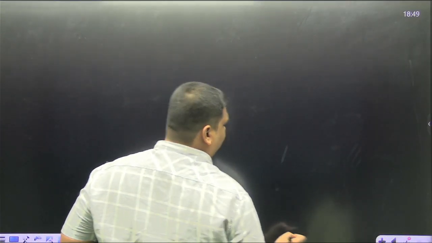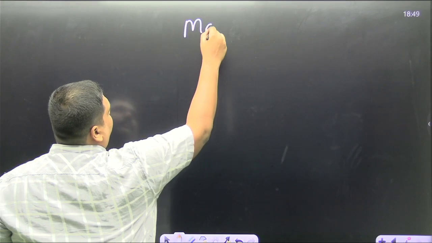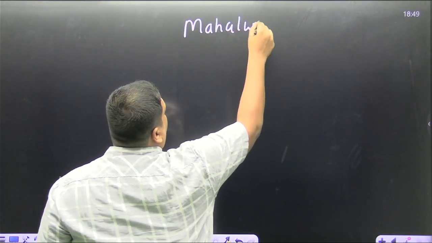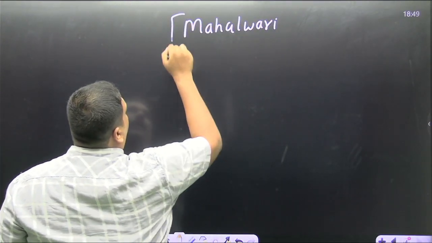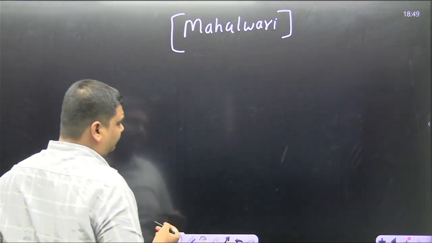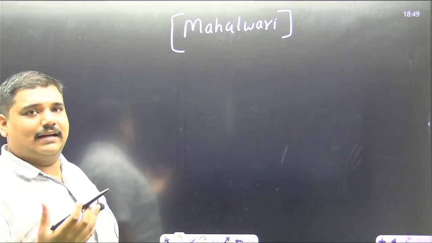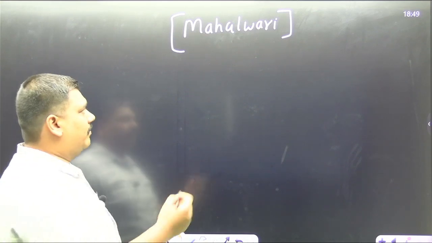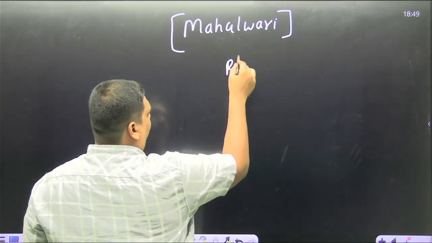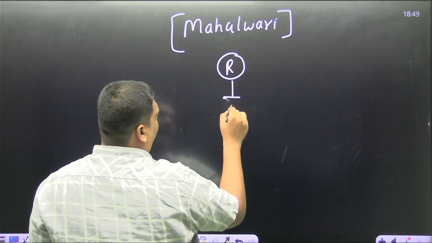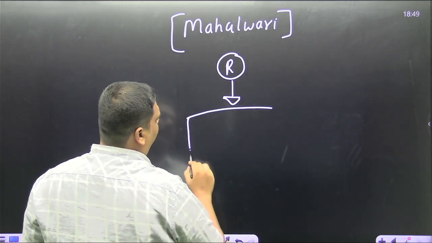The next one is Mahalwari. In Rayotwari we saw that the Britishers collected tax directly from each cultivator, but here the revenue officials would collect taxes from an entire village.